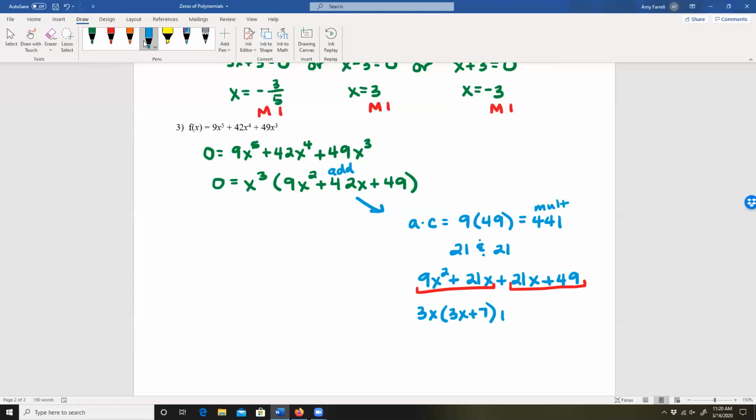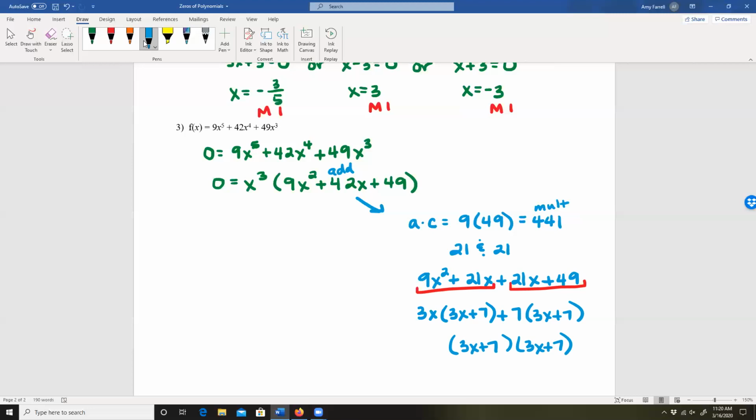In group 2, I have a GCF of 7, and then I'm left with 3x plus 7. So my two factors are 3x plus 7 and 3x plus 7. That's what I mean by this being a perfect square trinomial. When I factor it, its factors are the same.